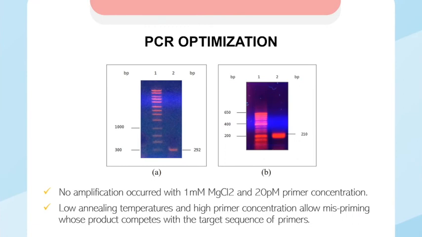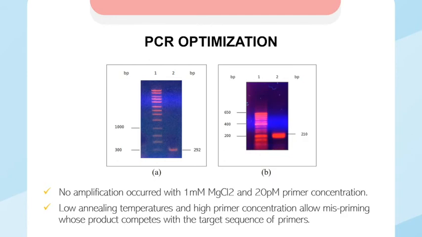In Figure A, Lane 1 shows a 1 kilobase DNA ladder, while Lane 2 shows the O157 gene having 292 base pairs amplified with RFB F and R primers. The O157 gene gives the best yield, with a product size of 292 base pairs, at 52.5 degrees Celsius with 2 millimolar magnesium chloride and 2 micromolar primer concentration.